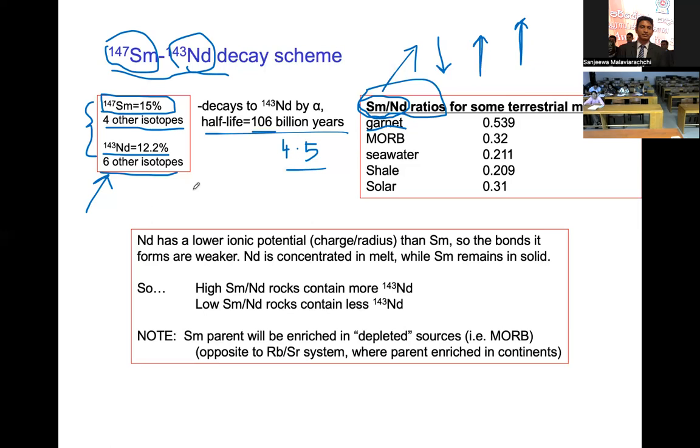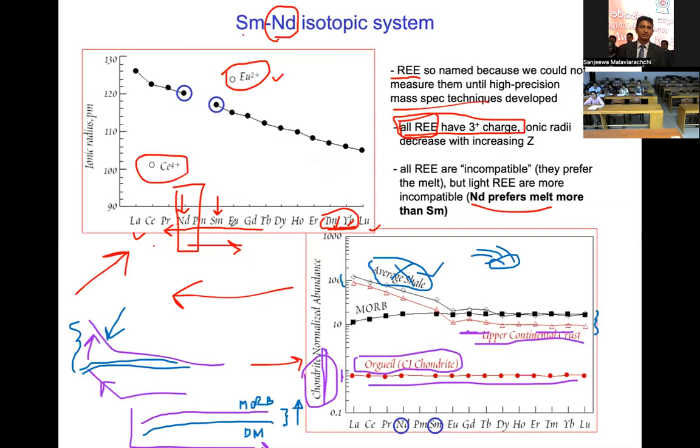So for garnet, partition coefficients are relatively higher for these rare earth elements, especially for heavy rare earth elements, right? But samarium neodymium, lying in this middle area, also prefer to go into garnet when they form, right? So therefore, garnet can contain a lot of, especially samarium.